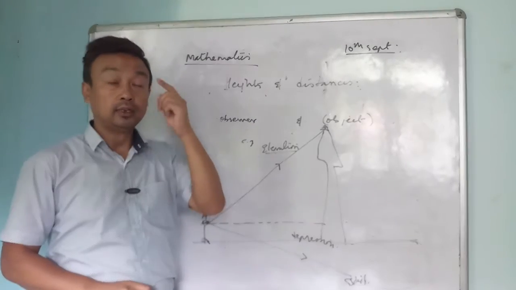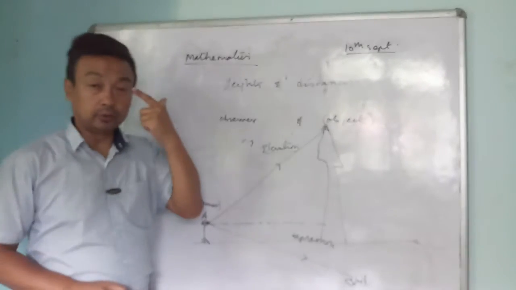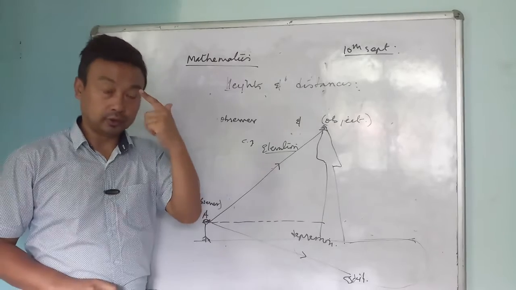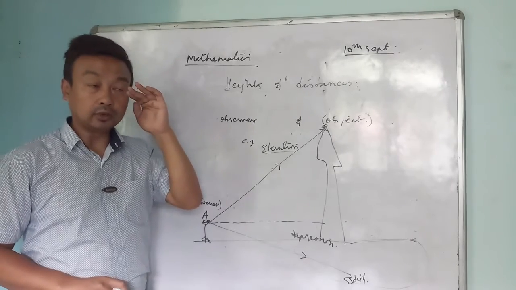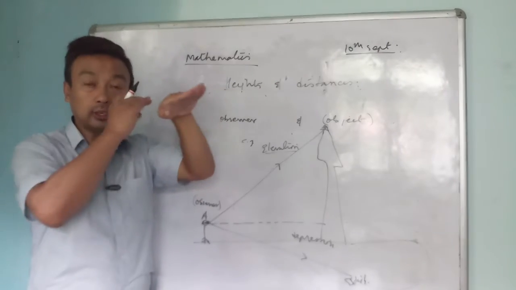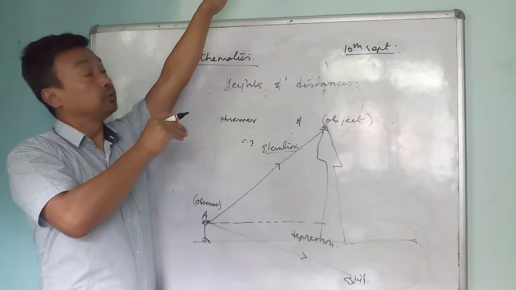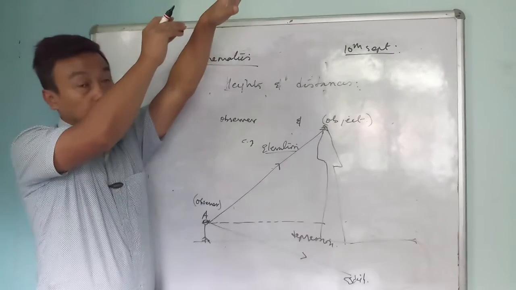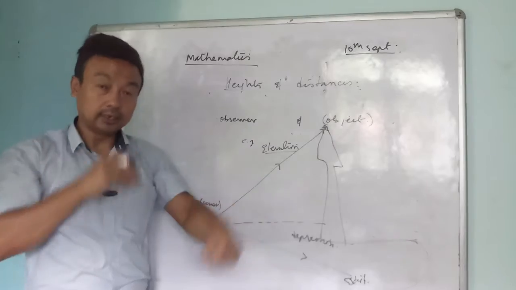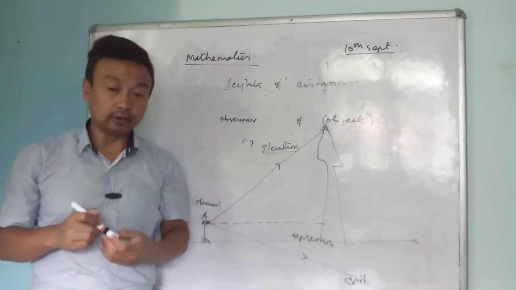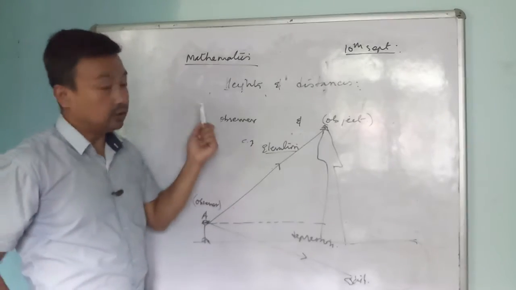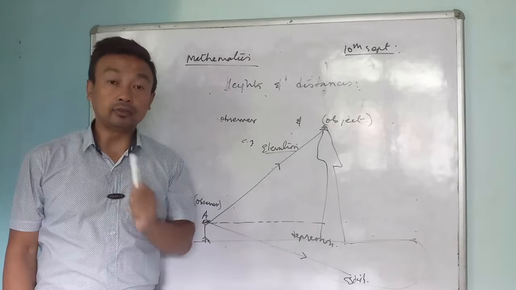If I take myself to be the observer, my eye is the point of observation. From the eye, first comes the horizontal line. With respect to that horizontal line, you will see either up, that is elevation, or below, that is depression. So you have two angles here, the angle of elevation and the angle of depression.